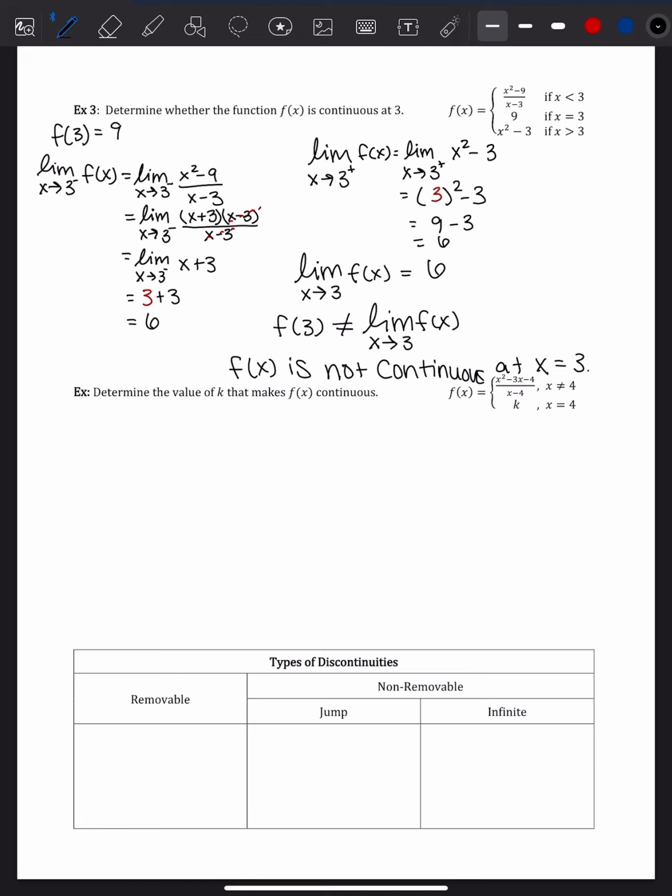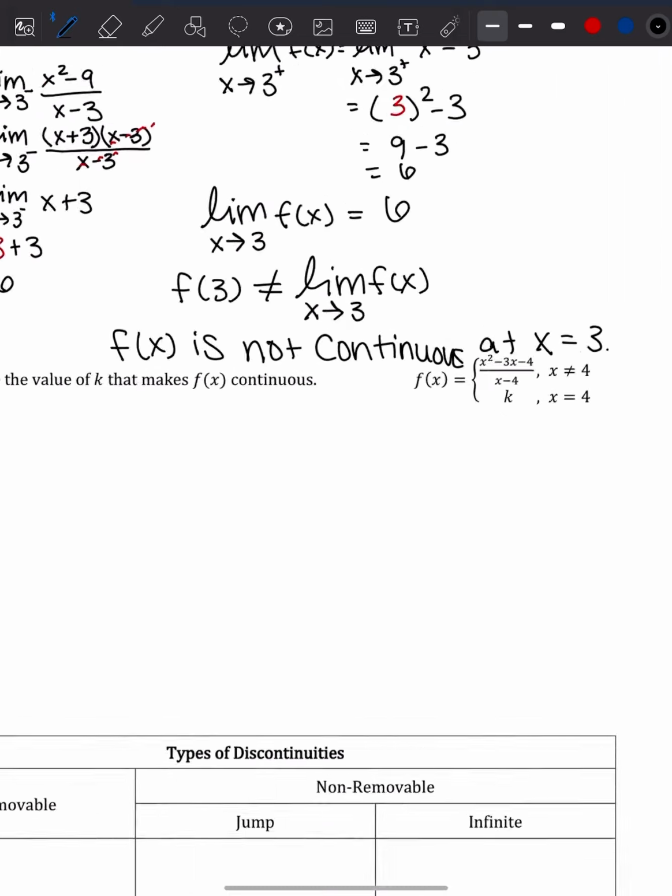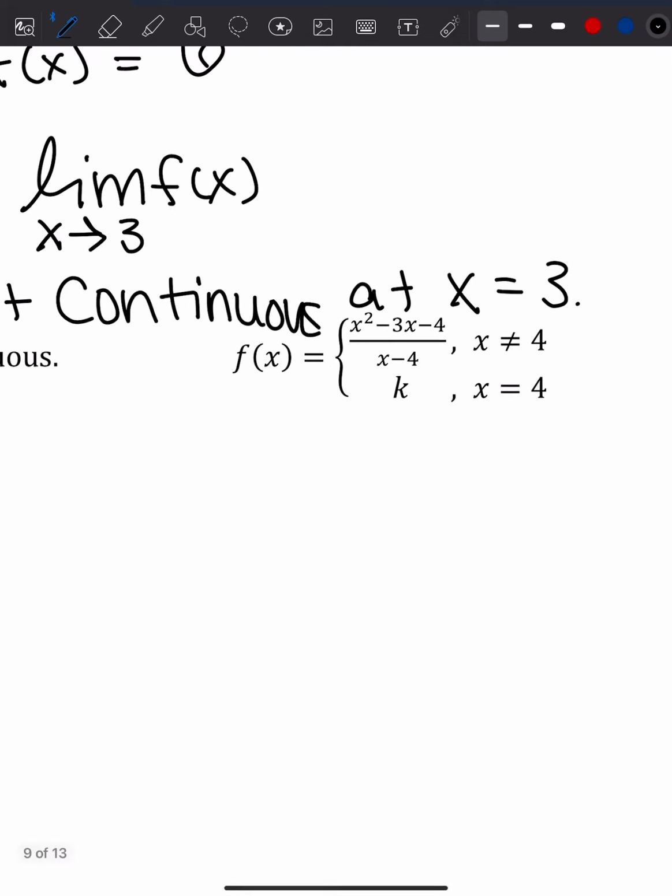So this last one is a little bit different than just deciding if it's continuous. We want to determine the value of k that makes our function continuous. So when we look at this piecewise function, when we are at 4, we are using whatever coefficient or constant that we are trying to find.